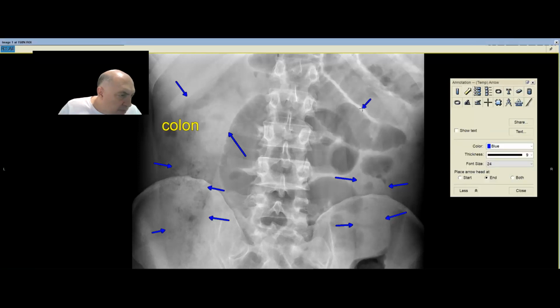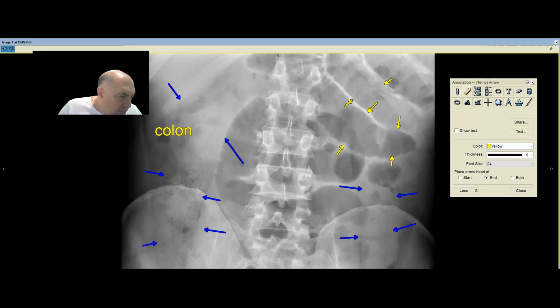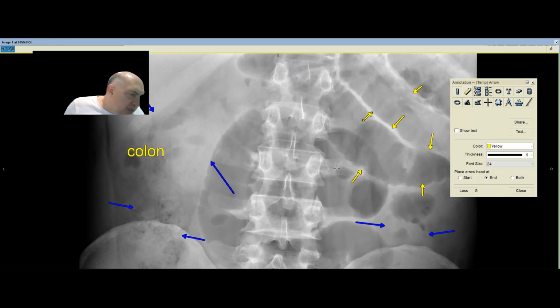So we look at these loops. They're different, and the reason they're different is that they have valves that cut across, and these are called valvulae conniventes. You can see them there, little valves.